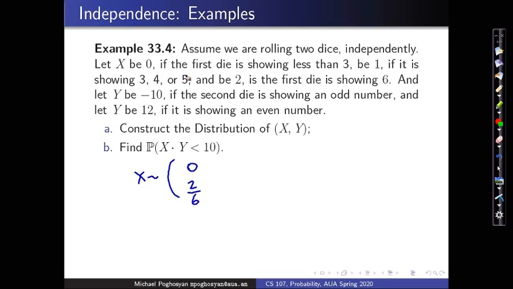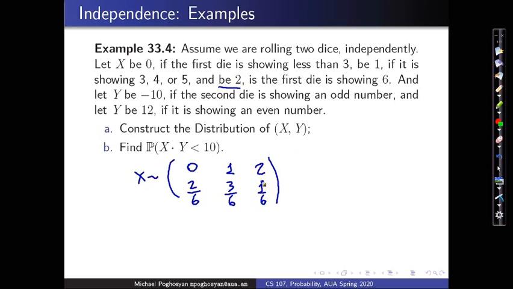And X is 1 if it is showing 3, 4, or 5, so 3 out of 6 values are giving 1. So 3 over 6. And X is 2 if the first die is showing 6. So the probability is 1 over 6.